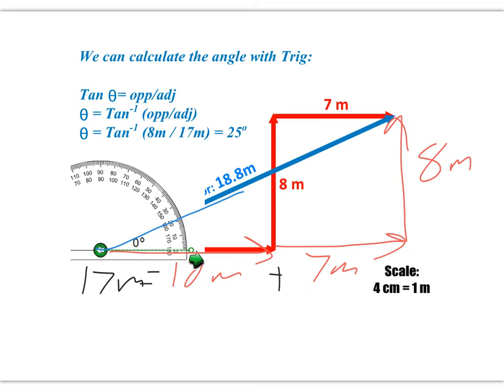Then just using trigonometry, if this is the angle that I measured, well then this 8 meter vector over here is on the opposite end of the triangle from where I made the angle measurement, so that's the opposite side. And then this length here, which is right next to the angle, is the adjacent piece, so the 17 meters is the adjacent part of the triangle. And so I use the inverse tan function to calculate an ideal for what that angle should be.